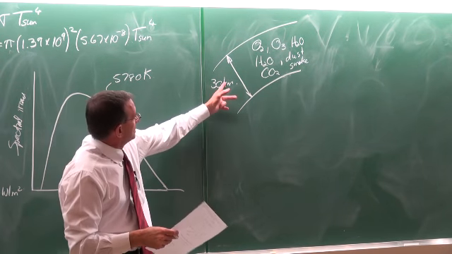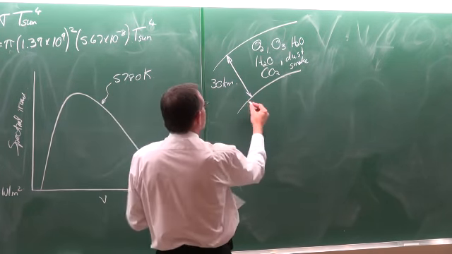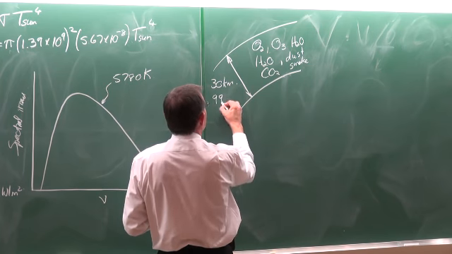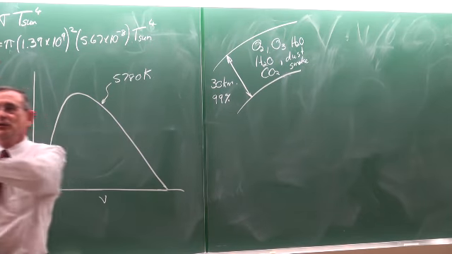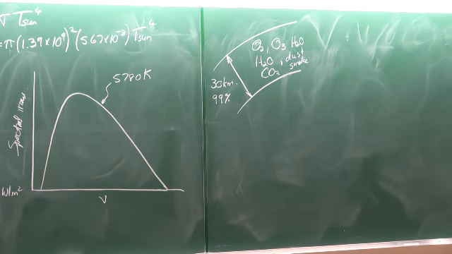And the 30 kilometers is a distance which is arbitrarily defined, just like the boundary layer thickness, as 99% of the height in which you'll get all those particles.